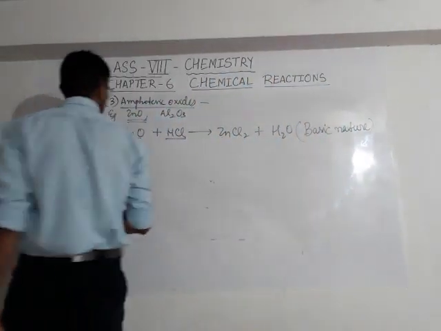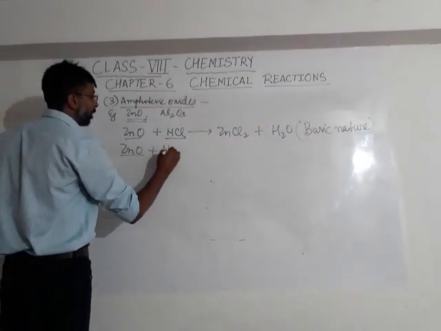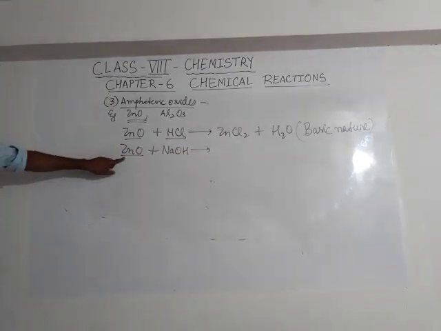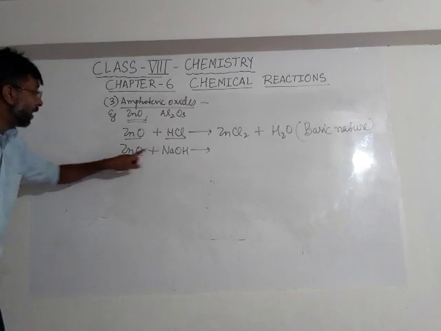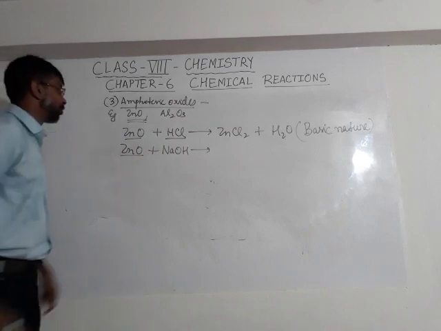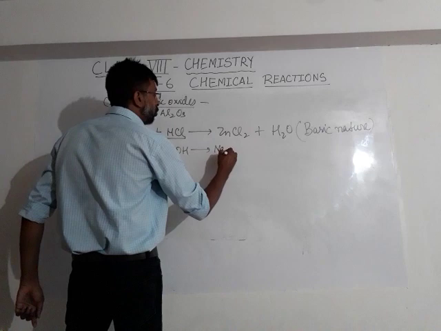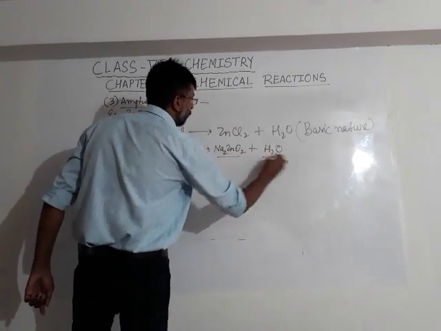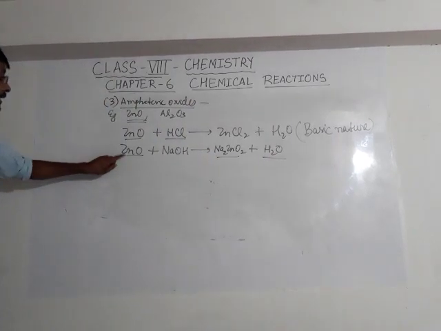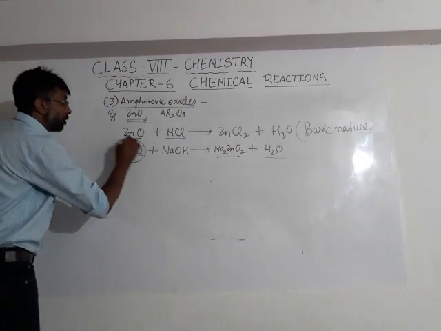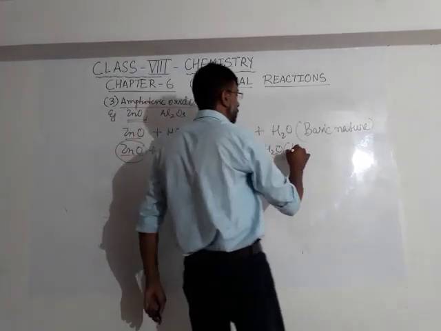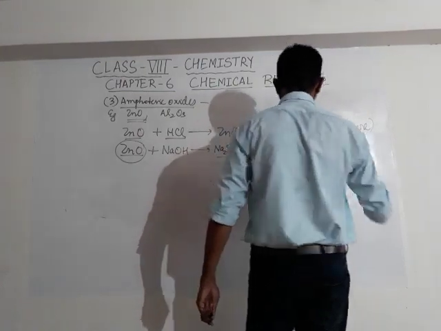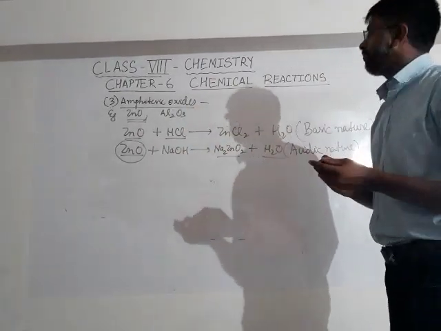Now, in the second one, let me react zinc oxide with sodium hydroxide, which is an alkali. Now it behaves like an acid. It forms Na2ZnO2, sodium zincate, plus water, salt and water. So here zinc oxide is showing its acidic nature. This is one example of amphoteric oxide.